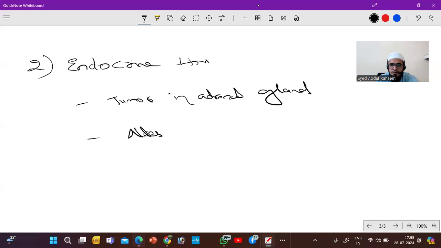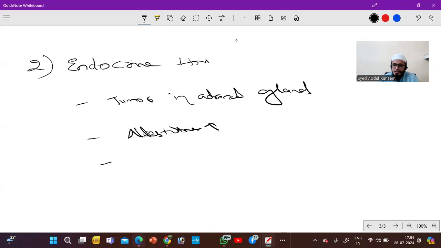So aldosterone hypersecretion is one of the reasons. And third is any syndrome due to which more hormones are released from the adrenal cortex.